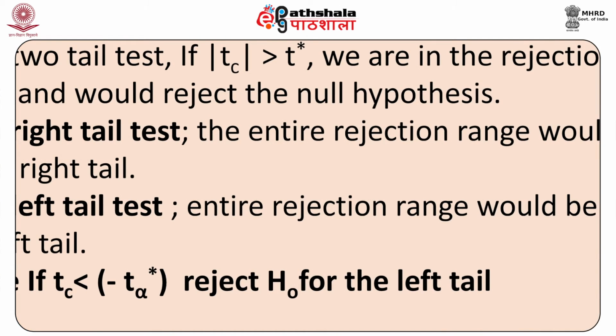For a two-tailed test, if mod of Tc is greater than T star, we are in the rejection range and would reject the null hypothesis. For a right-tailed test, the entire rejection range would be in the right tail. For a left-tailed test, the entire rejection range would be in the left tail. Hence, if Tc is less than minus T alpha star, reject H naught for the left tail.